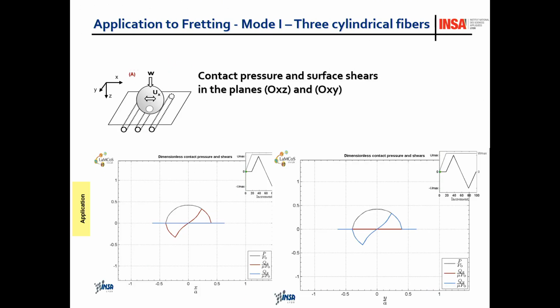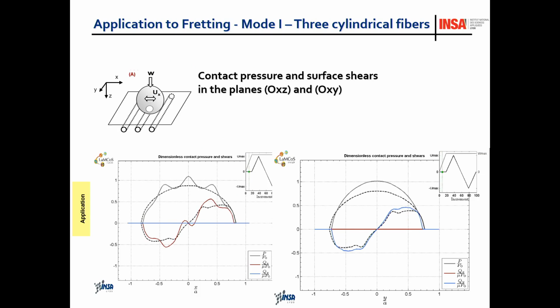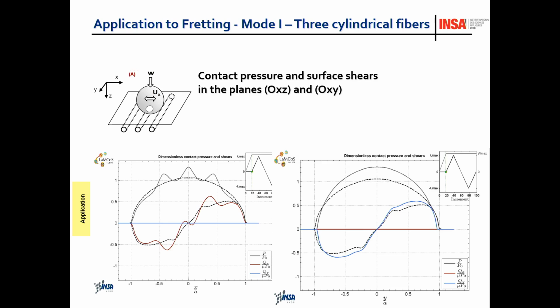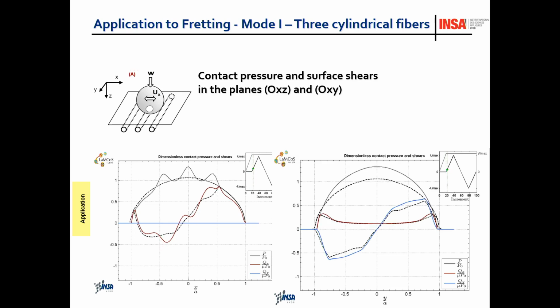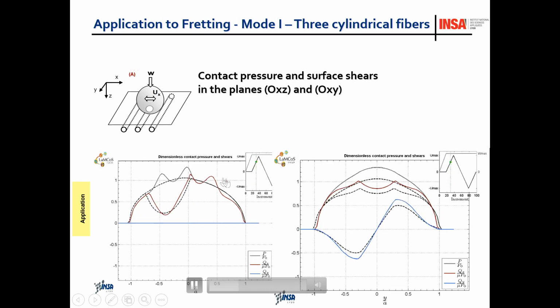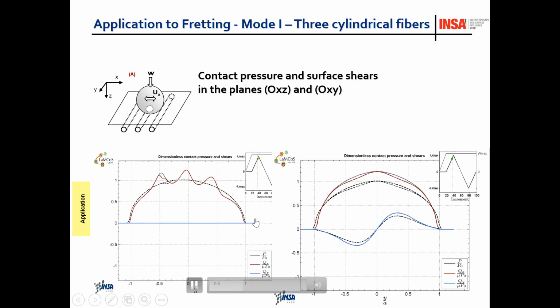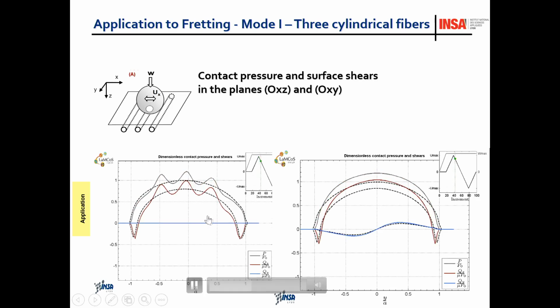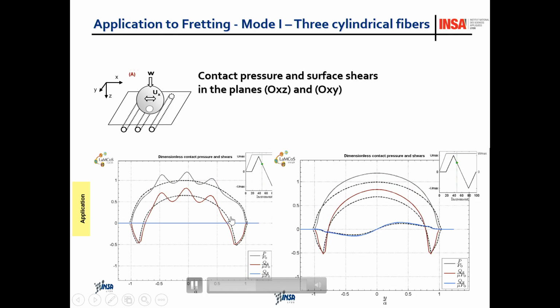And now, on the left, you can see the contact pressure. The contact pressure is the top curve here, multiplied by the friction coefficient. And here you can see the shear stress.